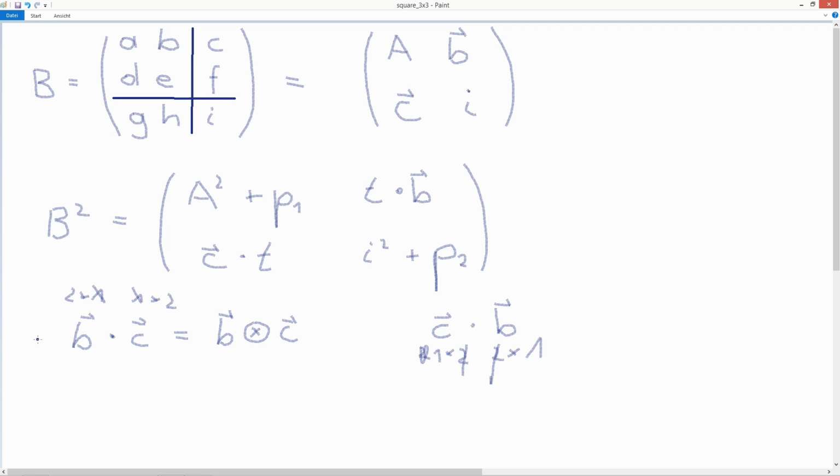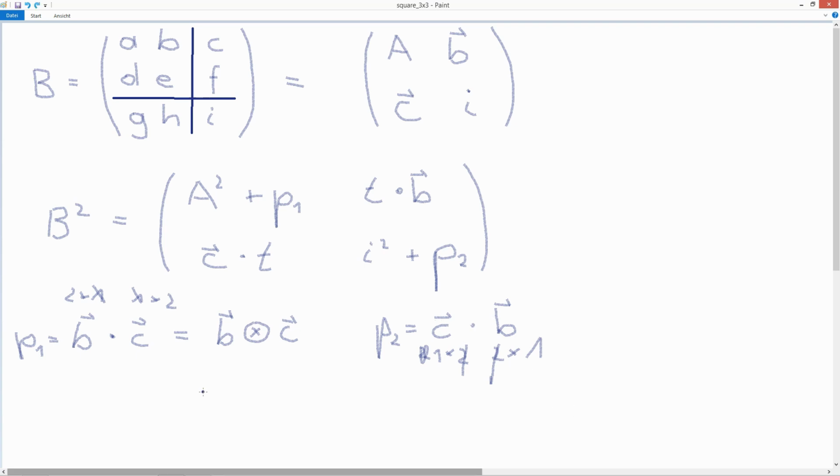So P1 is the tensor product of B and C, because P1 has to be a 2 times 2 matrix, and P2 has to be a scalar, because I squared is a scalar. So P2 has to be the dot product of C and B.